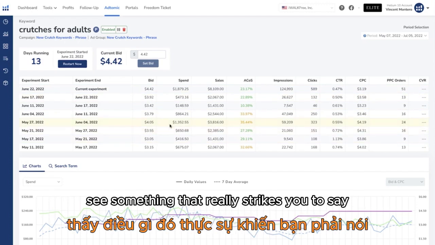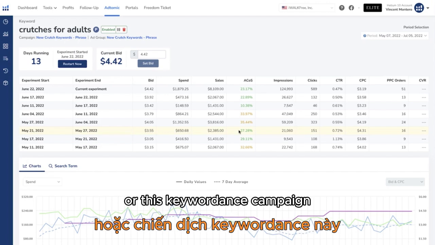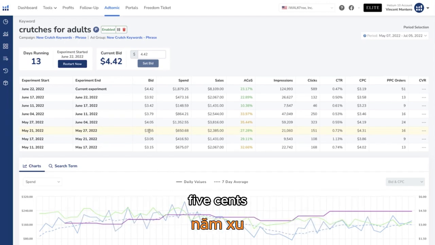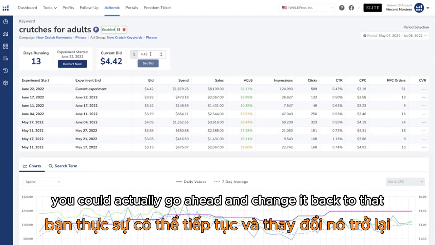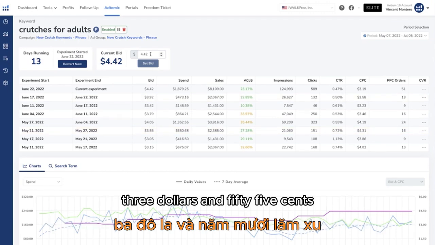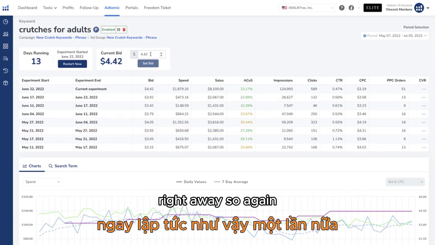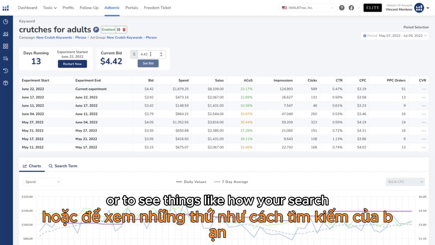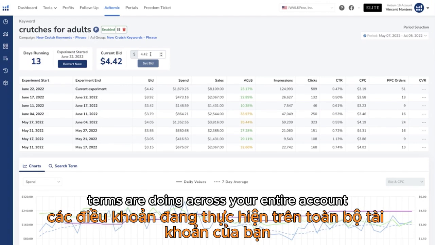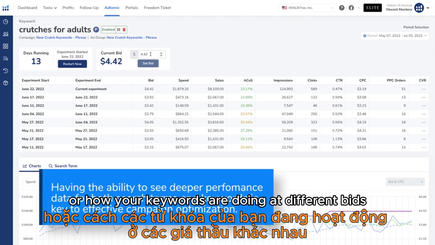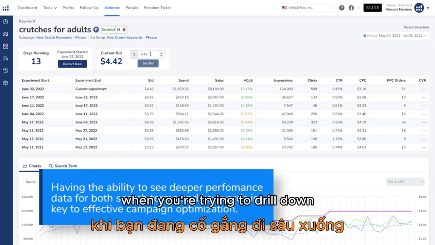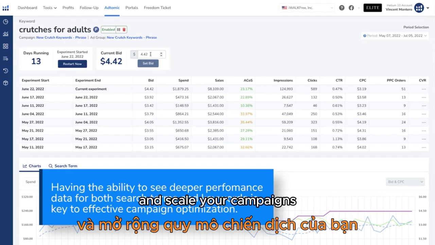So if you do see something that really strikes you to say, you know what, this keyword in this campaign really performed its best at $3.55, you could actually go ahead and change it back to that $3.55 right away. So again, having this information at your fingertips in order to see things like how your search terms are doing across your entire account, or how your keywords are doing at different bids at different times, is really valuable when you're trying to drill down and scale your campaigns.